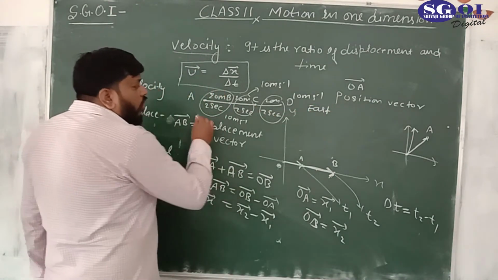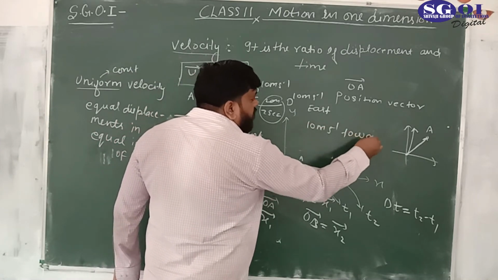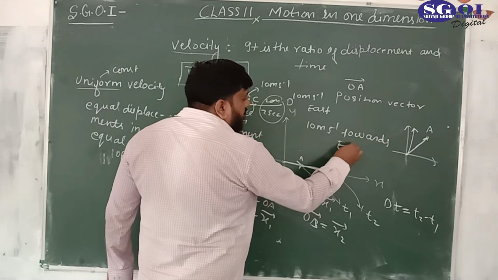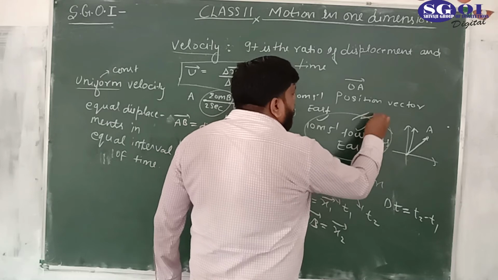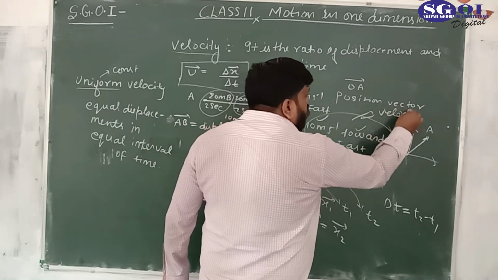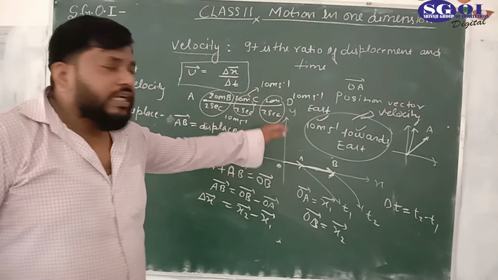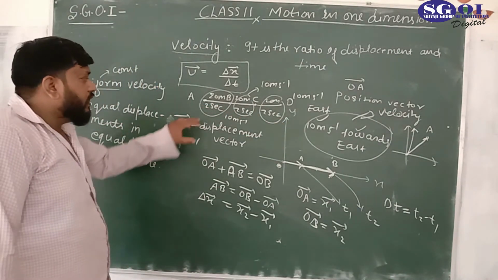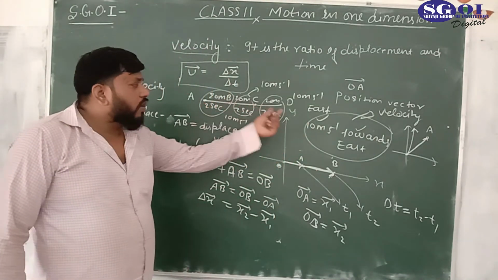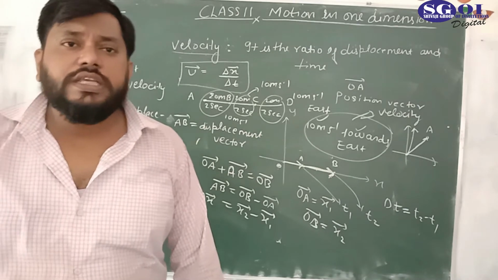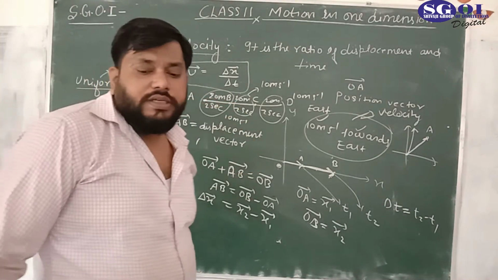So we can say the object is moving 10 meters per second towards east. This is the magnitude and this is the direction, and this whole thing is the velocity. So the object is moving with 10 meters per second towards east, which means the velocity of the object while covering each part of the journey is constant, is uniform. That's why this is uniform velocity: equal displacement in equal intervals of time.